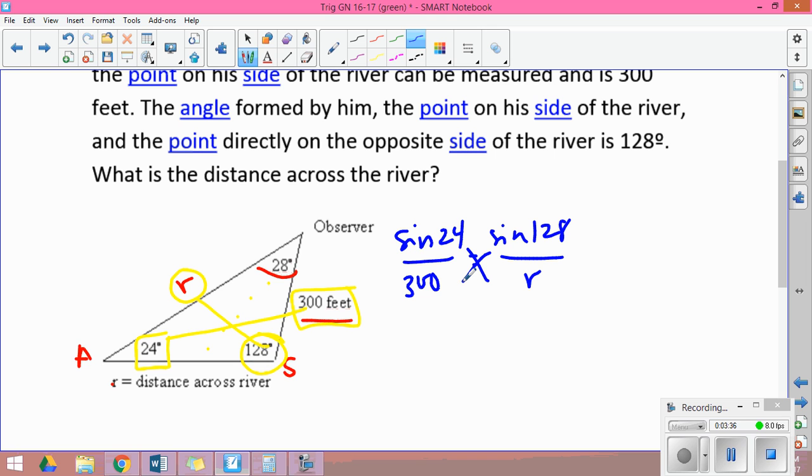And when I do that, I find out that R is equal to 581.2 feet, which makes sense when I'm thinking about the sense of my answer. I'm opposite a very big angle, so I need a very significant side.